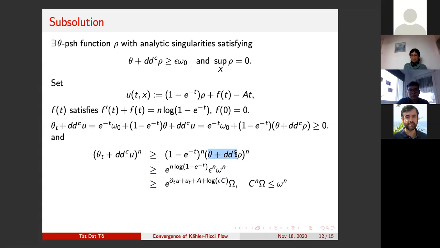Sorry, it should be omega_0 here, and then we take this term on the log, the power of log, e to the power n log(1 minus e to the power minus t).